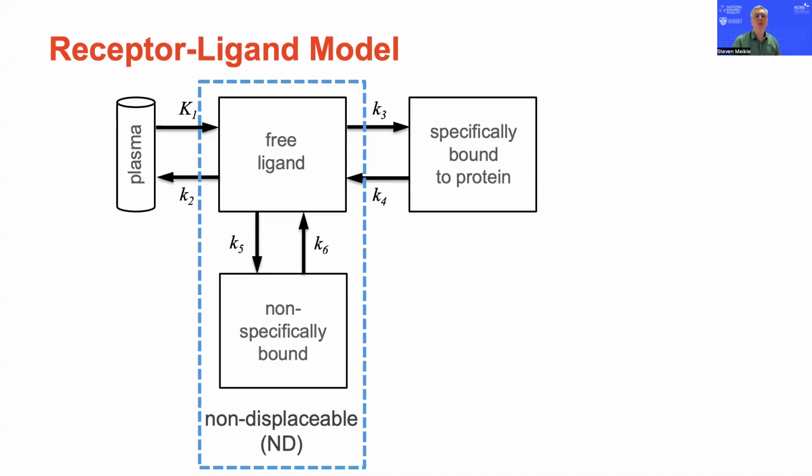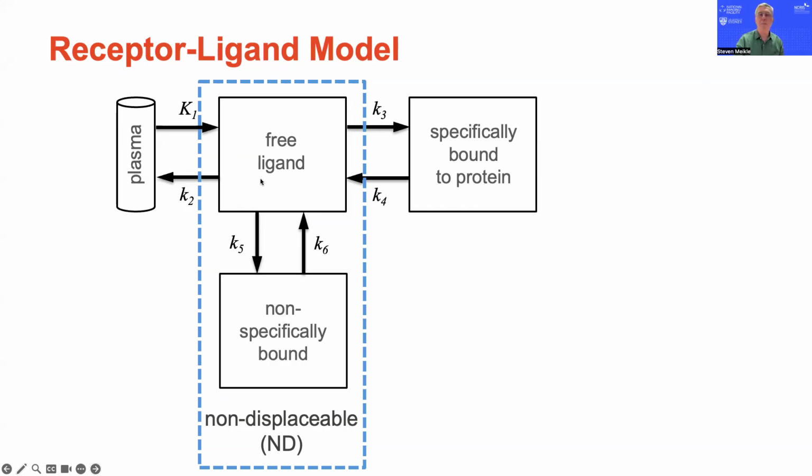So the last part of the tutorial, we're going to talk about receptor binding PET tracers. When you have a tracer that binds to a specific protein target, like a receptor, this is probably about as complex as it gets. We typically don't have more than 3 tissue compartments, and this is what they might look like. You would typically have a compartment representing the free ligand, the free tracer.